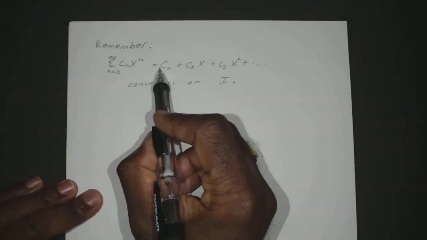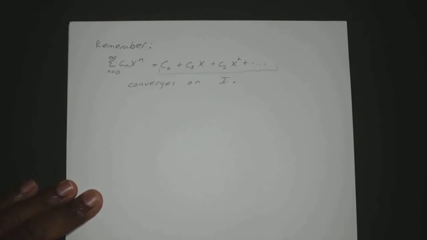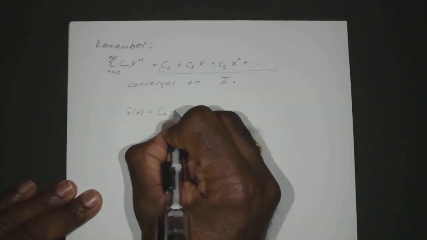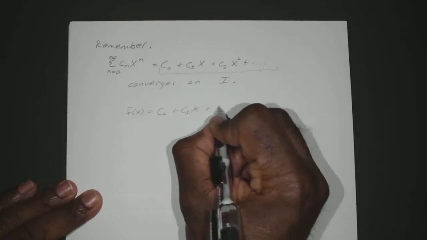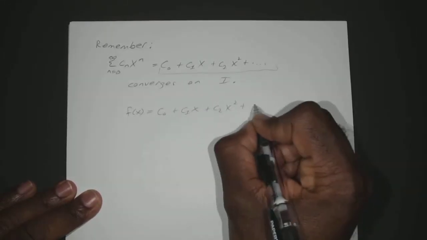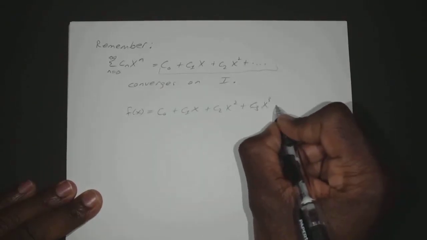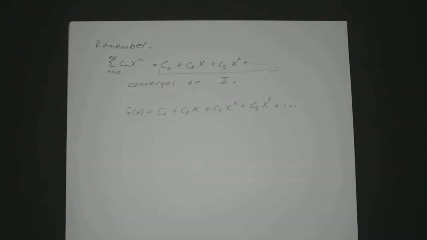Okay. And from that, we took that as our f of x. c sub 0 plus c sub 1 x plus c sub 2 times x squared, plus c sub 3 x to the third, and so forth.